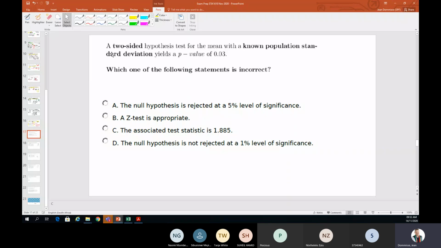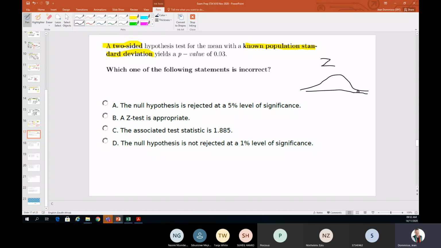So let's look at a two-sided hypothesis test. Okay, so two-tail for the mean with a known population standard deviation. So we know then that we're working with a Z. We know it is two-sided.